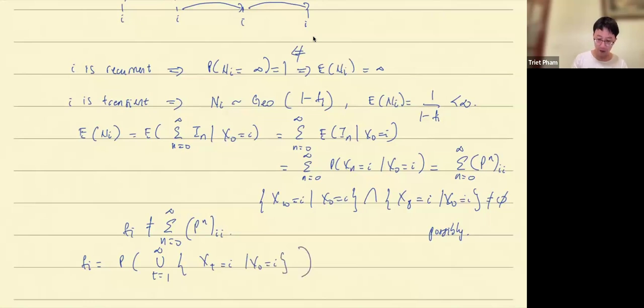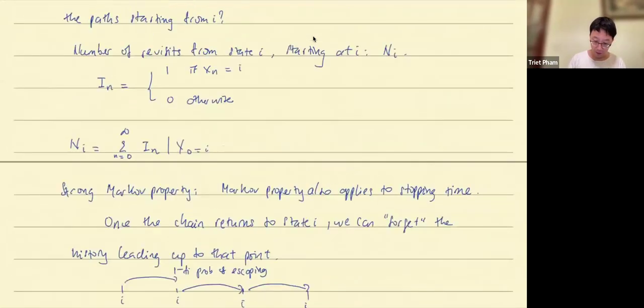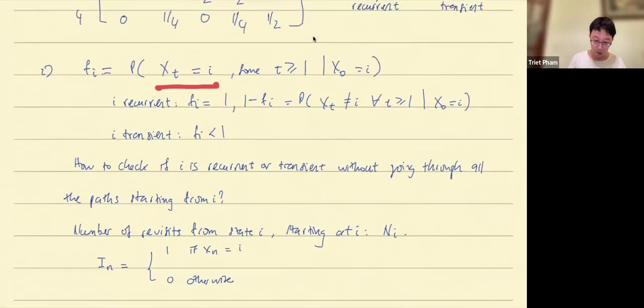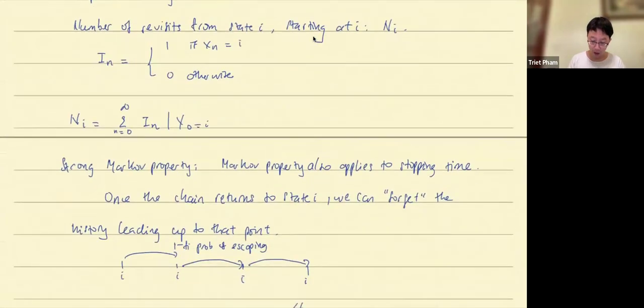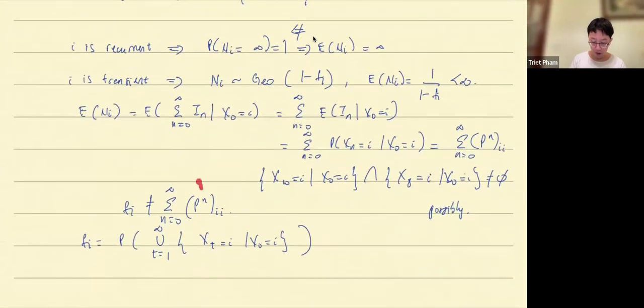It's the union of these events, because that's what we say when we say Xt equals i for some t starting at 1. And so that's why it's not the sum, even if you start at 1 here. Because if you want to reconnect this, it's the inclusion-exclusion formula you have to follow. So this is why this is not something that obvious.